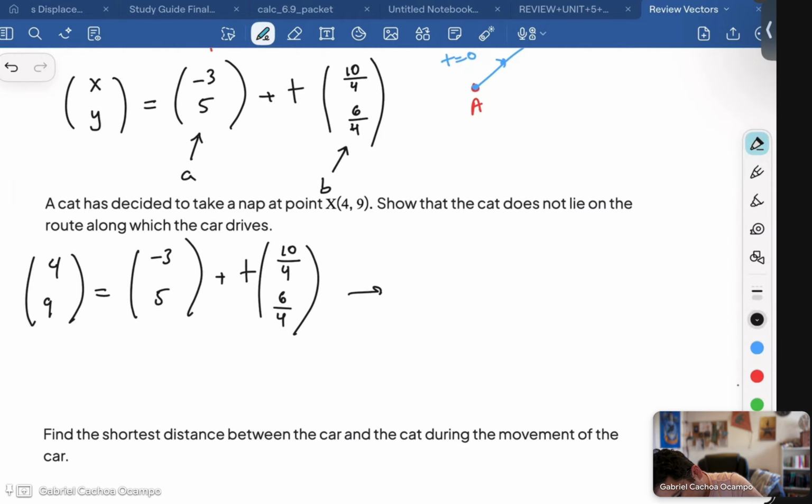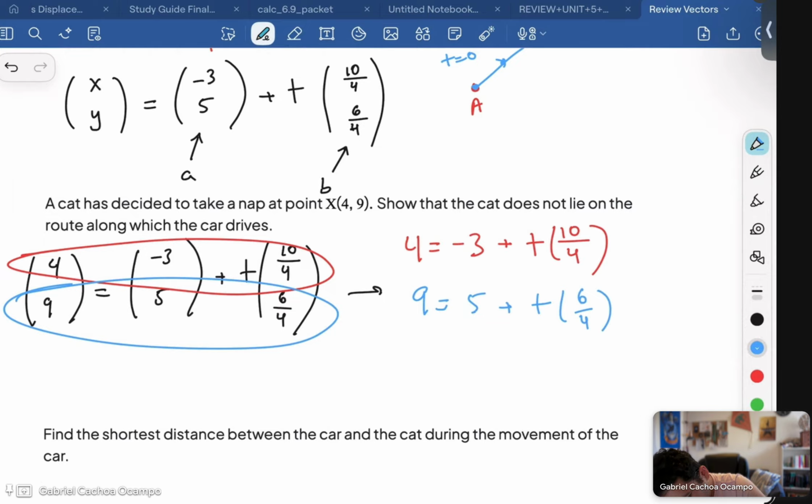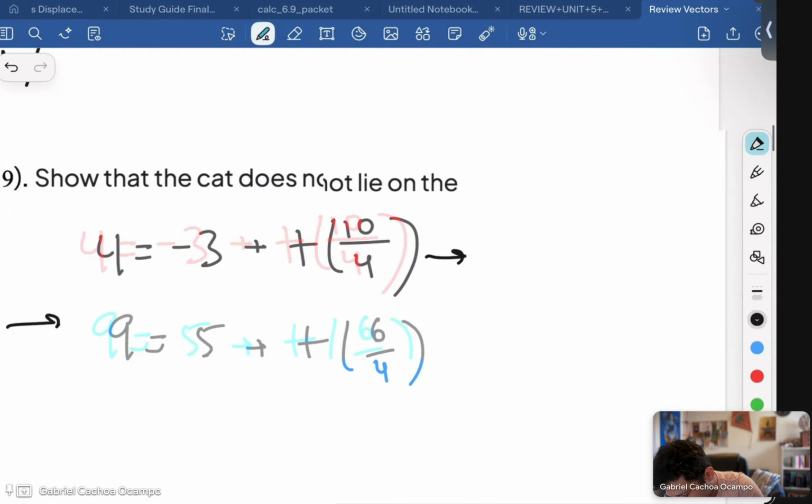Do you remember? I can see my x-coordinate equation, the one that comes from this part: 4 equals negative 3 plus t times 10 over 4. And the equation that comes from this part: 9 equals 5 plus t times 6 over 4. You can solve it mentally because you are math queens and math kings.